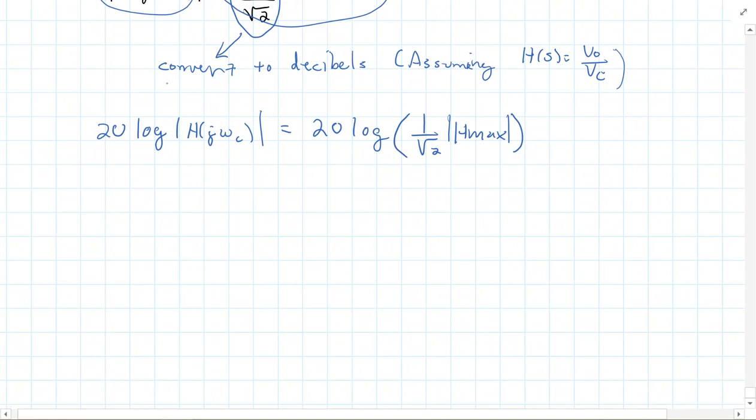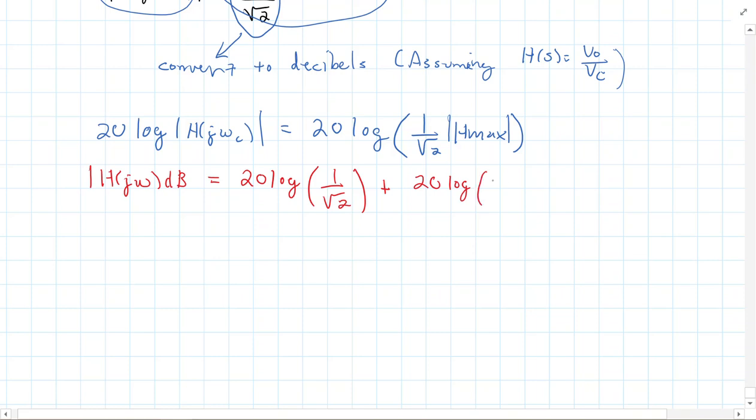I'm going to write this as H at j omega in decibels, and using some log properties, this is 20 log of 1 over square root of 2 plus 20 log of H max.